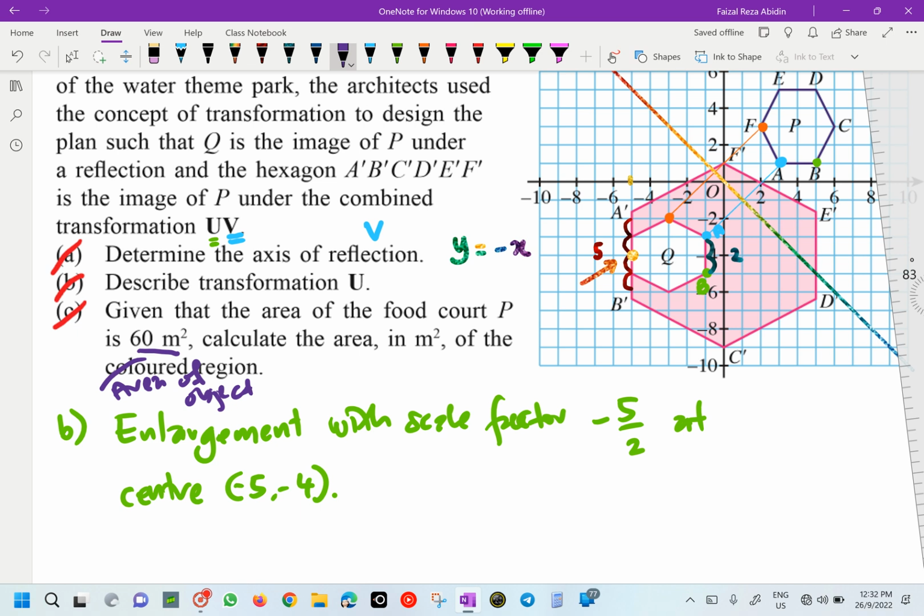The colored region is going to be the shaded one. Does it include the non-shaded part? Q? It means we have to find your image, and after that you have to minus the object inside there. So, what are we going to find first?